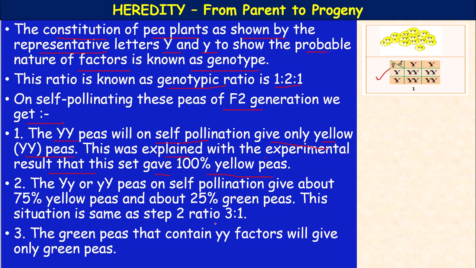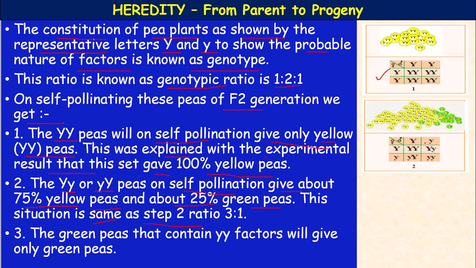The second result: capital Y small y peas on self-pollination give about 75% yellow peas and about 25% green peas. This situation is the same as before, a 3:1 ratio.